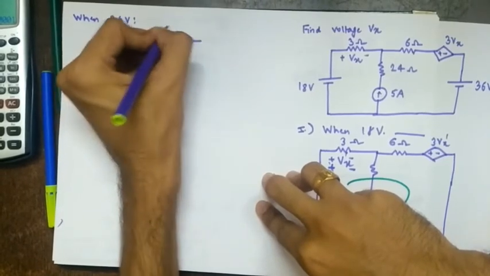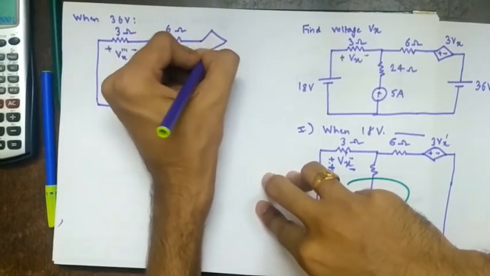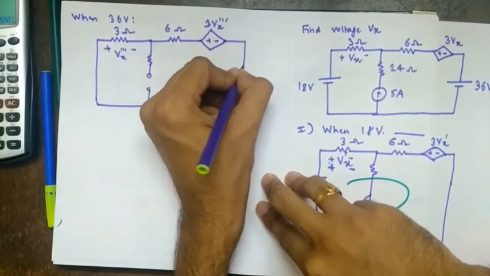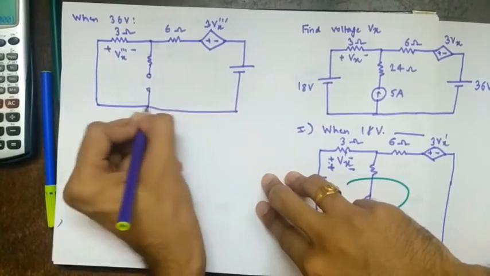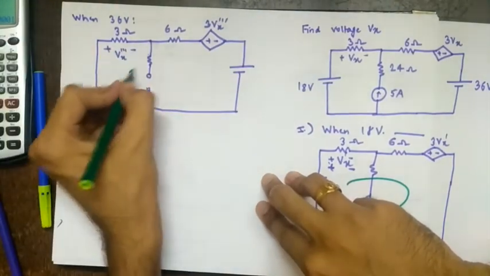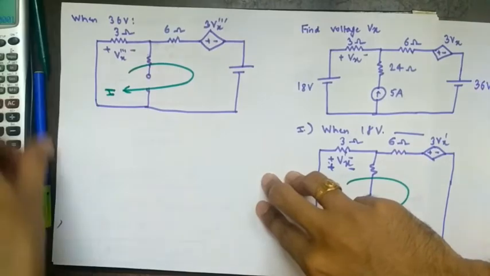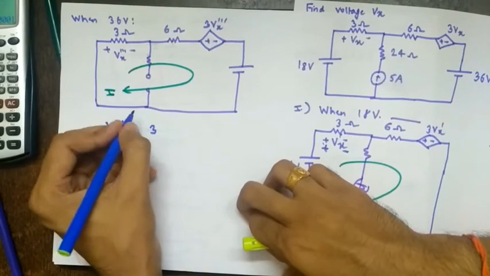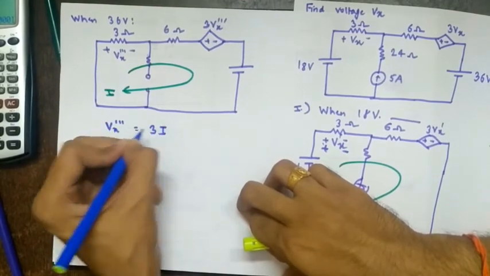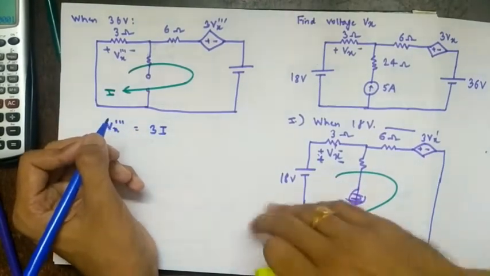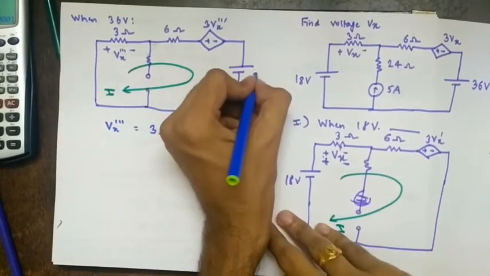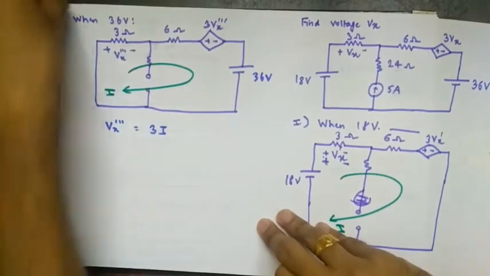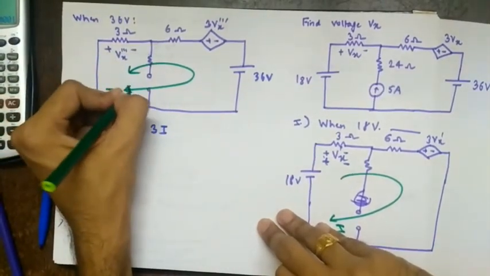This will be 6 ohms, 3 Vx triple prime. 36 is acting, so this will be there. So again we have a single loop. So this is I, right? Same direction again. So Vx triple prime equal to 3I, right? But now we know this is 36 volts. This current is obviously going to flow like this, so better take the anti-clockwise direction, right?